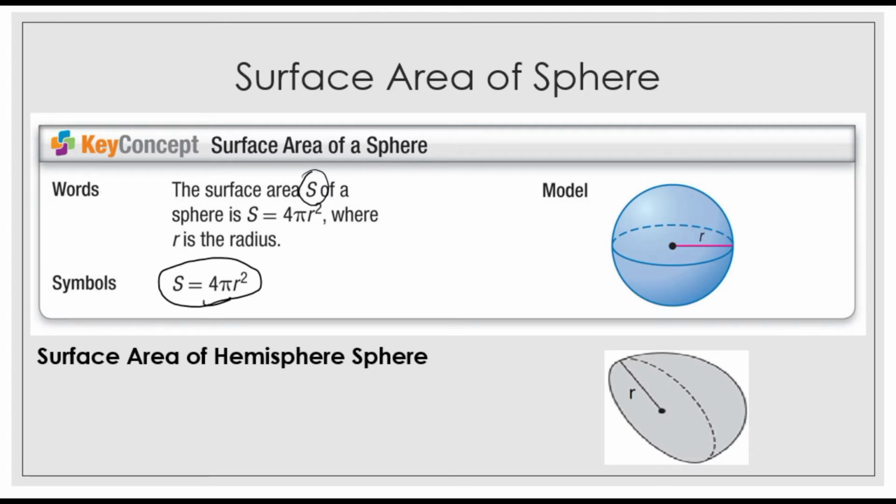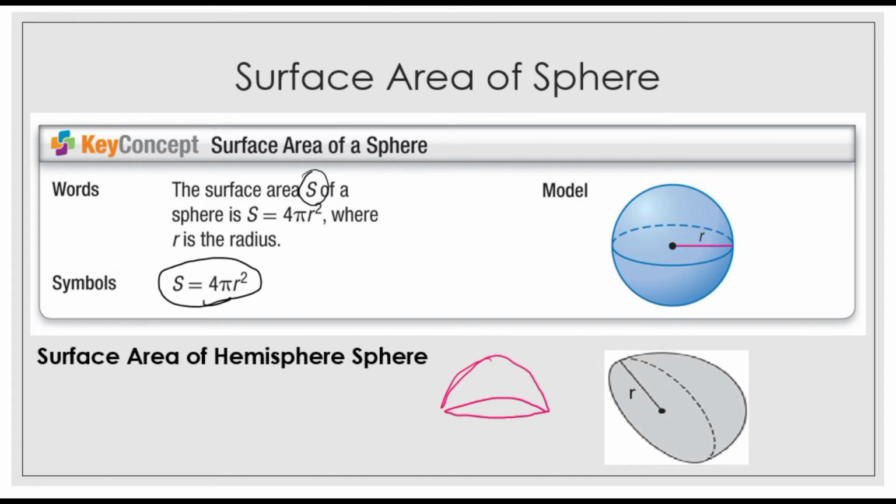So if the surface area of the sphere is 4 pi r squared, what is going to be the surface area for the hemisphere? The surface area of the hemisphere has two parts. There is a half sphere, which is something like this, without the lid.